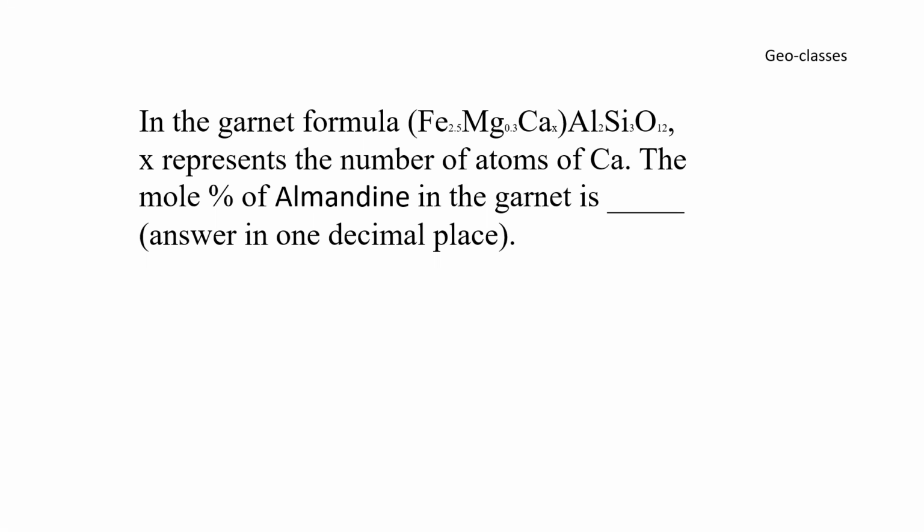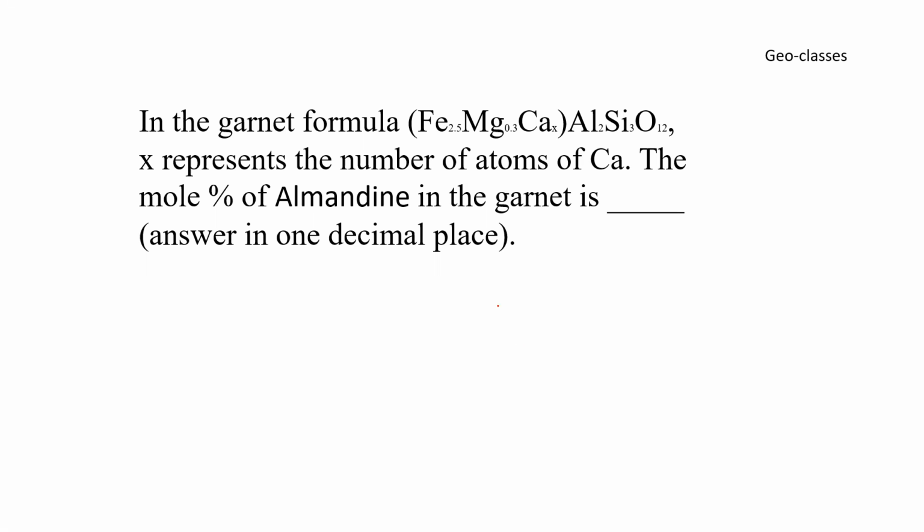The formula of almandine is Fe3Al2Si3O12. So in that respect, you will have to take the mole percentage of Fe. That means 2.5 divided by 3 multiplied by 100. So whatever answer you get, that will be your answer.